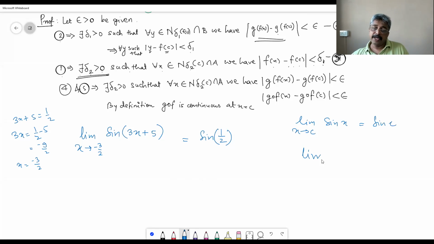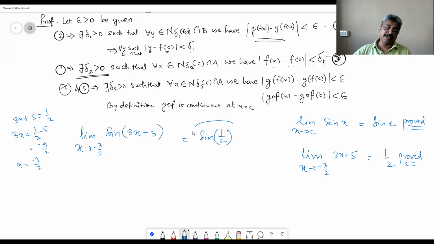You have proved limit of 3x plus 5 as x tends to minus 3 by 2 is equal to half. We have proved this, right? So now this theorem which we have just proved is giving us the permission to write this answer directly.